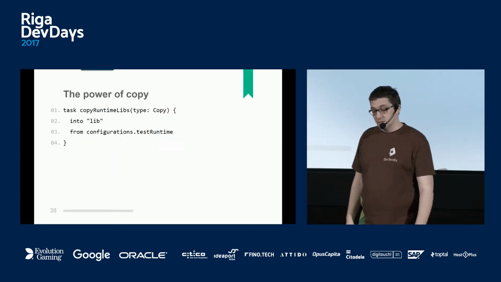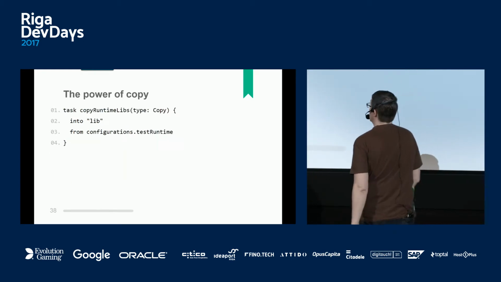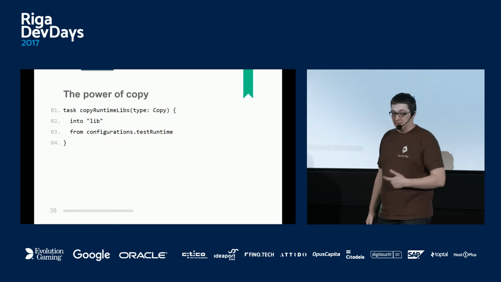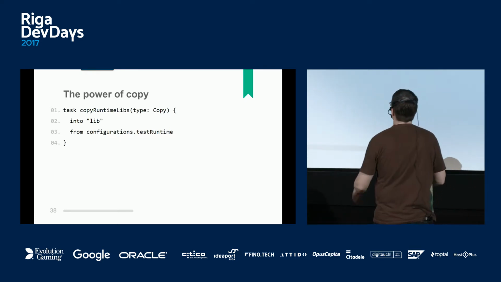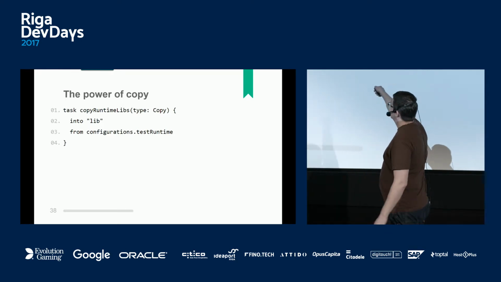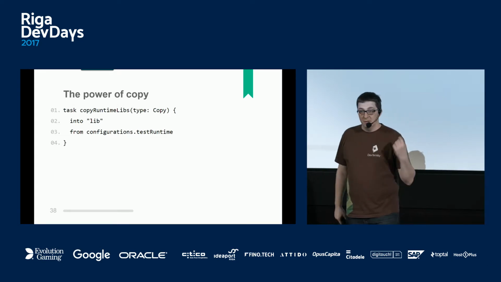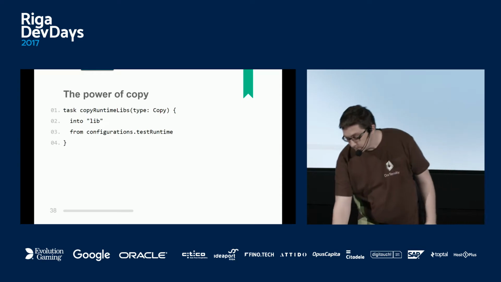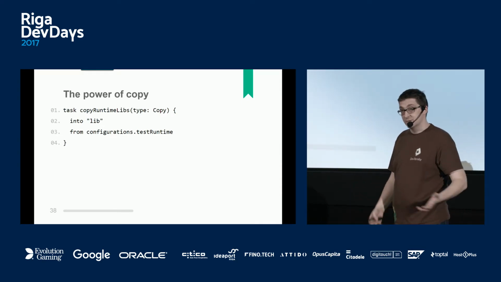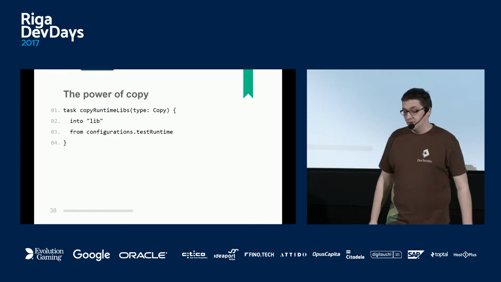Another thing we can do, something that is built into Gradle, and for which you actually need a plugin in Maven, but in Gradle you can do it in one task like that. You can copy not only files or directories. You can say that I want to copy the whole configuration of my project. And a configuration in Gradle is a list of the libraries that we depend upon.